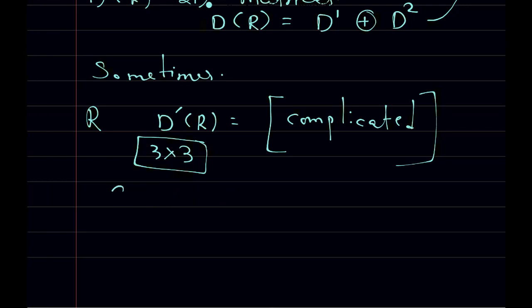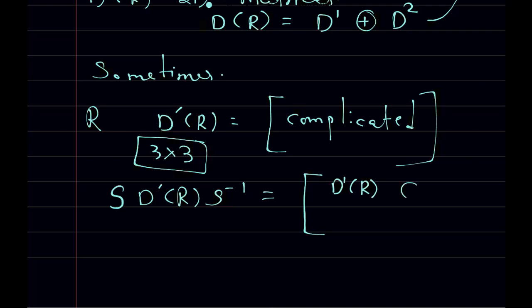So there is a matrix S, which when it acts on this, in such a way, there should be an inverse, maybe in this way, then the complicated matrix turns out to be very simple. There is some element here, and there is a 0 here, there is a 0 here, and that turns out to be some element here.